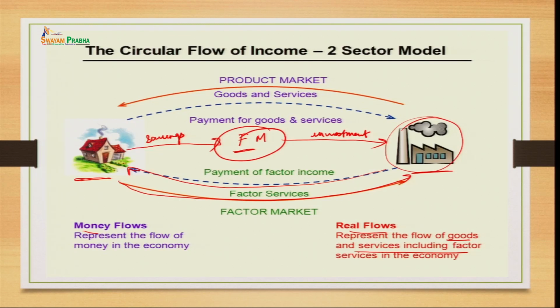So, the income which we get from the firms, and the money which we take out from this flow, the savings, constitutes the part of leakages, and investment is basically the injection, right. The money which we have taken out earlier, we are now injecting again into this flow by way of investments. So, that is called an injection, right.